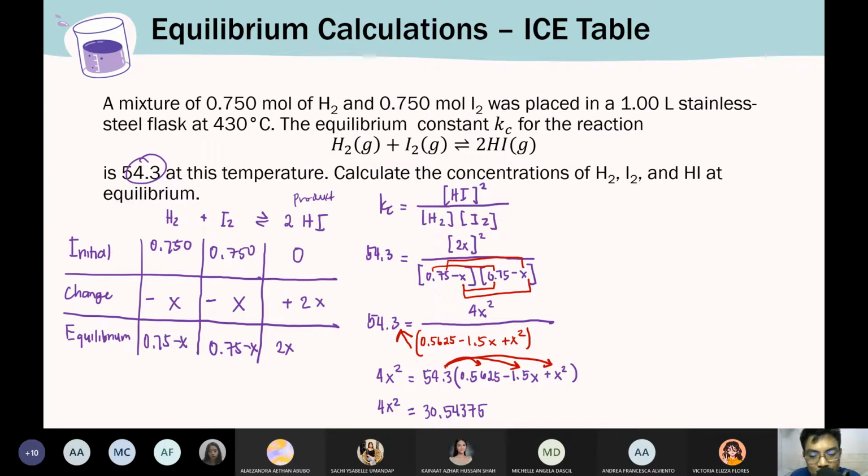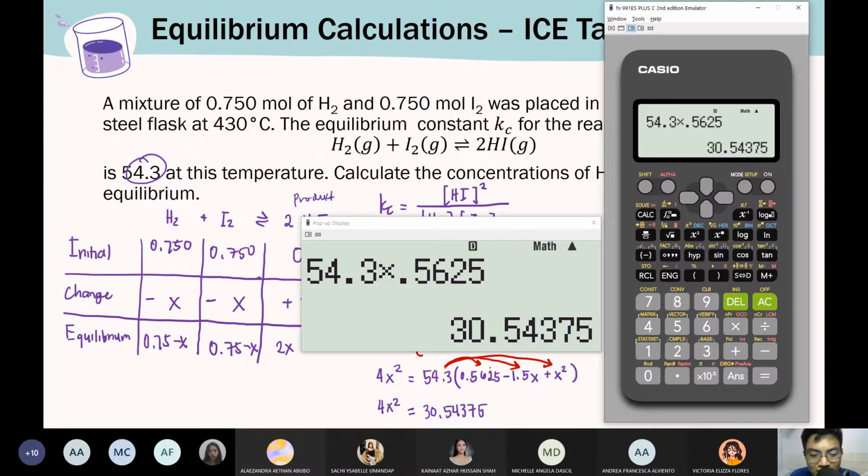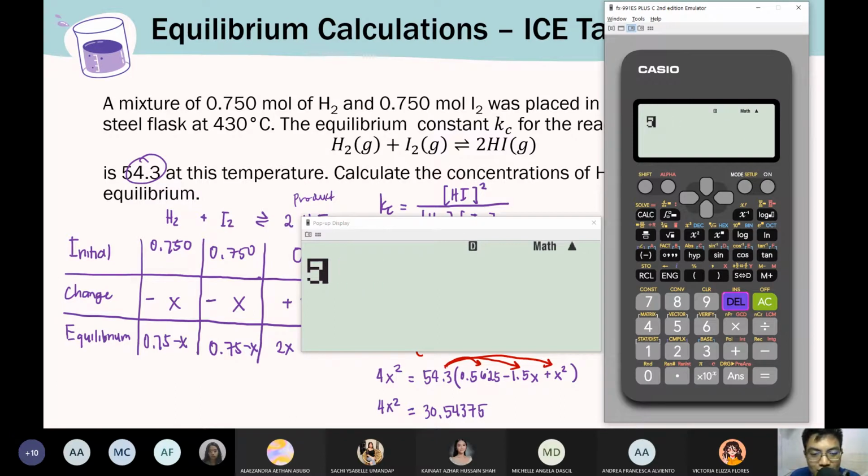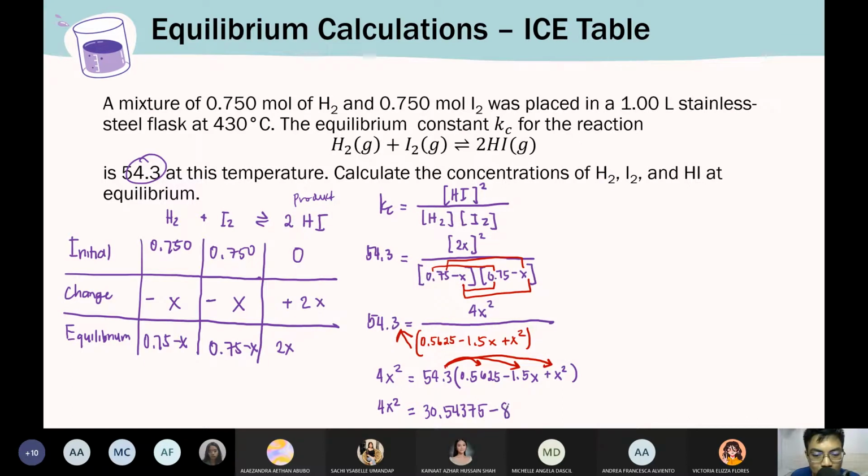Huwag kayo ma-intimidate ha. Ganito talaga siya. Okay, and then 54.3, sorry, times 1.5. Nasagot. 81.45. Pero negative, no? And then plus 54.3 x squared. Malapit na tayo.